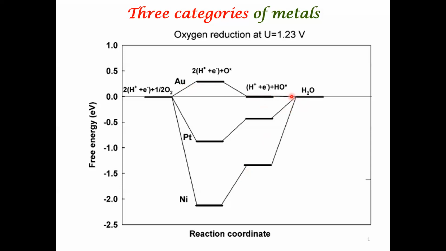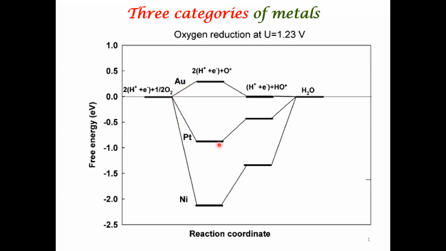Why platinum is an ideal electrocatalyst is that all these things are reasonably easy. If I look here, this is down the energy gradient, so there won't be an activation barrier here. Compared to nickel, this step is less facile, but for platinum, this step is more facile compared to gold.